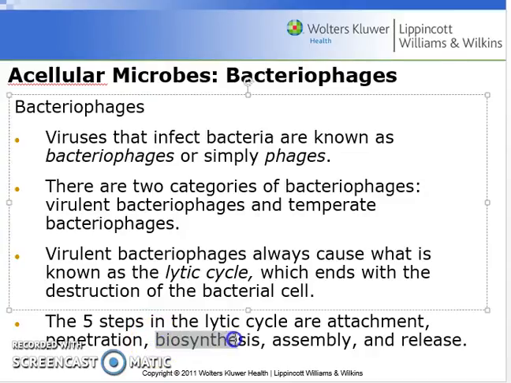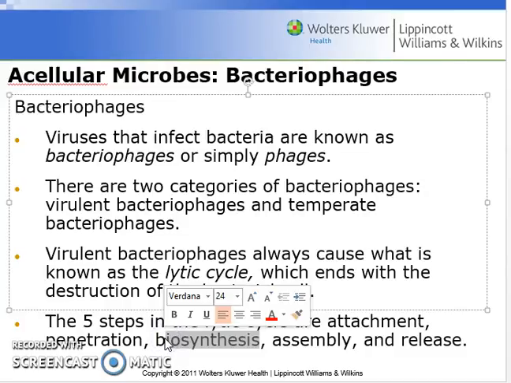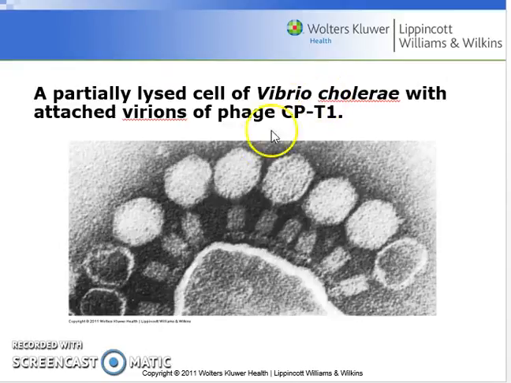It will then undergo the process of biosynthesis, where you have replication, transcription and translation of the genetic material of the virus, as well as the proteins in the virus. Those things will start to be biosynthesized.